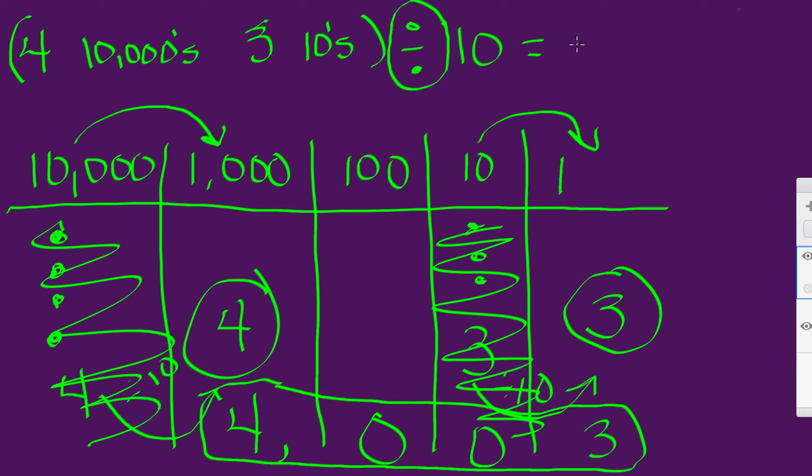In unit form, it would be 4 1,000s and 3 ones. And that's your answer. So that is all on this problem set and also on lesson 2.